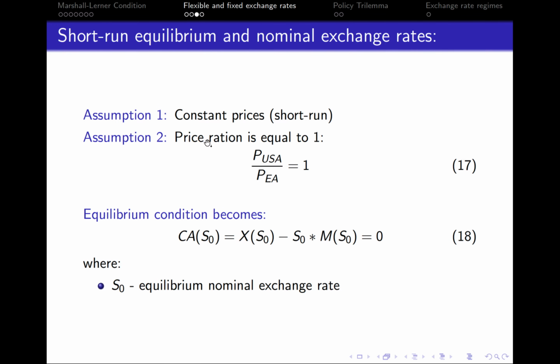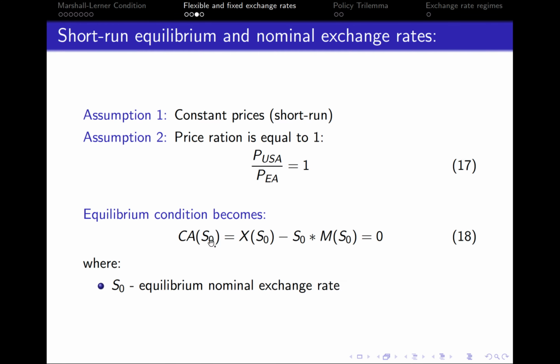The second one is to make the calculations simpler: let's assume that the ratio of the prices in the two areas is equal to 1. If it were equal to 2, it would be inconsequential, but the formulas would not look as nice. In this situation, the equilibrium condition becomes a function of the nominal exchange rate alone.